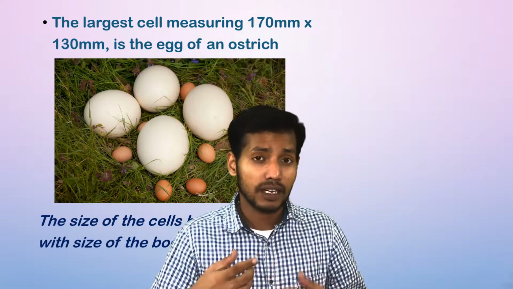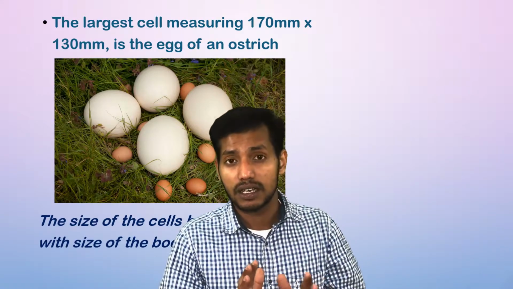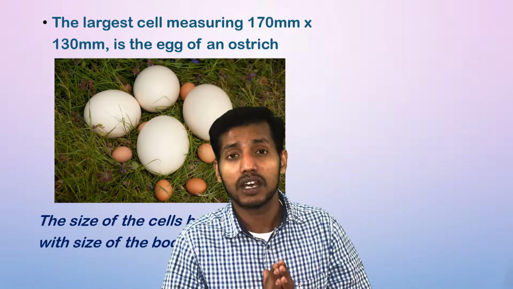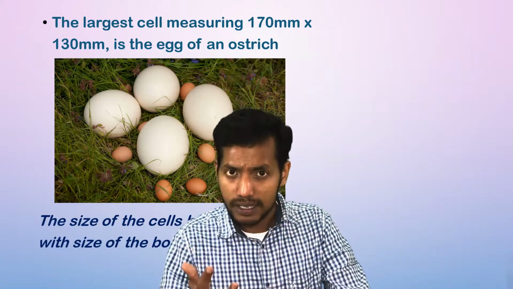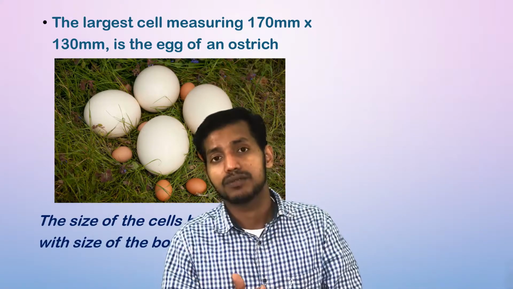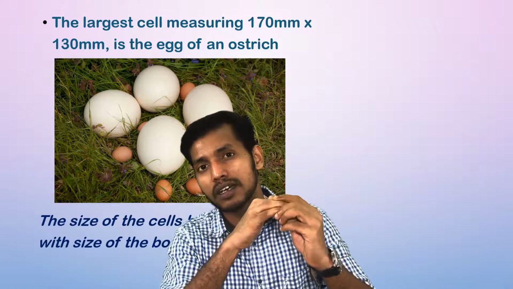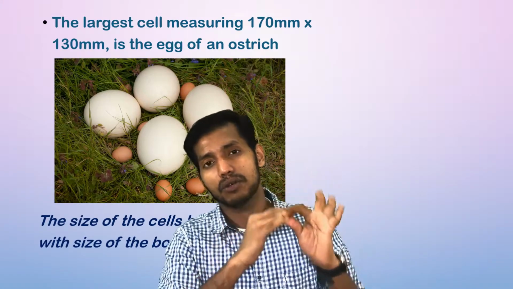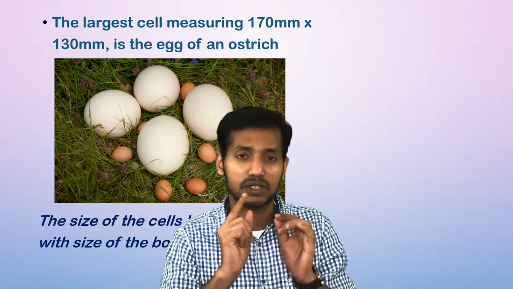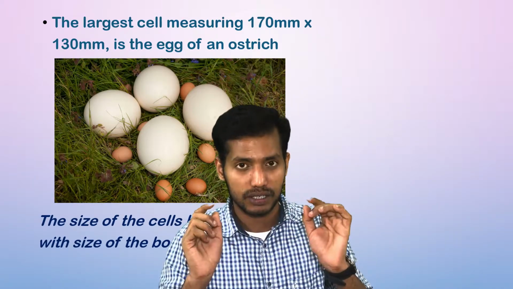So we can conclude that the size of the cell does not depend on the size of the organism. It depends on the function. So size and shape both depend on the function the cell performs. Clear? That is a very important thing we need to remember.